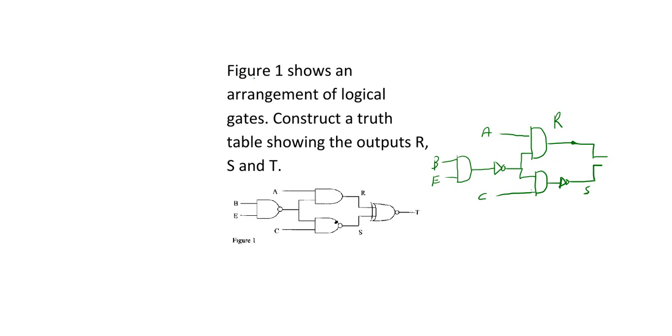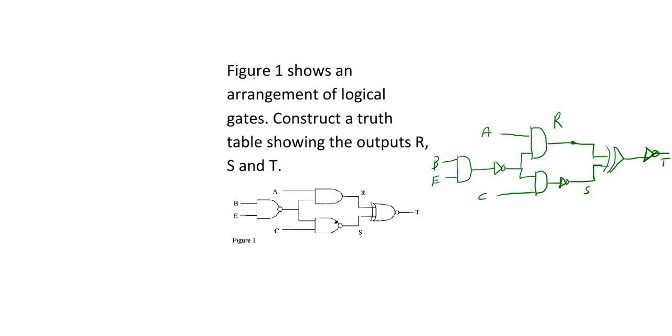This is an XNOR gate. When we add a NOT gate at the end, it becomes an XNOR gate. The other one is XOR. So we can just draw the XOR followed by a NOT gate. So we have the XOR gate followed by a NOT gate. And at the end we get T.